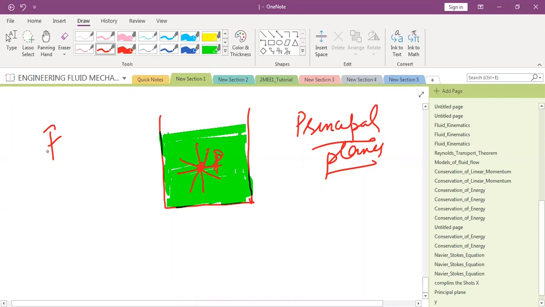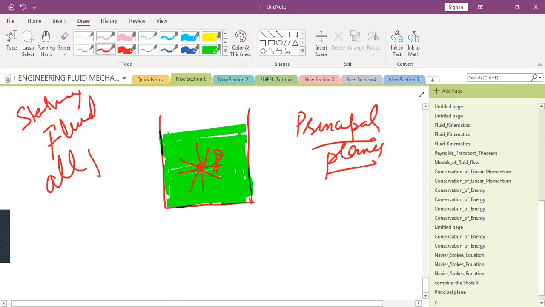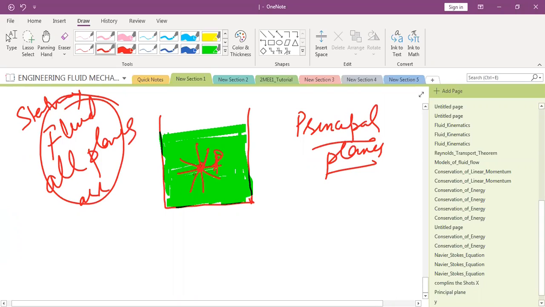In case of stationary fluid, sir, all will be principal planes. Yes, you are absolutely correct, all planes are principal planes. Why? Because you know that stationary fluid does not have any shear stress.